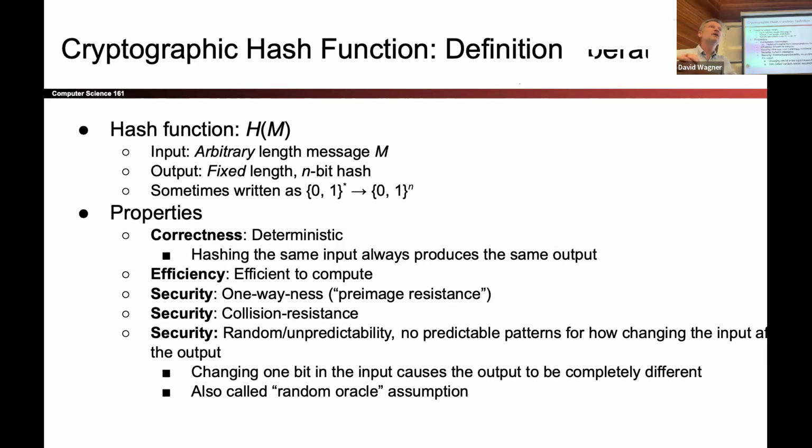So given any file you want, image file, text file, anything, you can use this algorithm to compute the hash of the contents of that file. And what you get back is a fixed length output, like a 256-bit output, no matter how long the input file was.